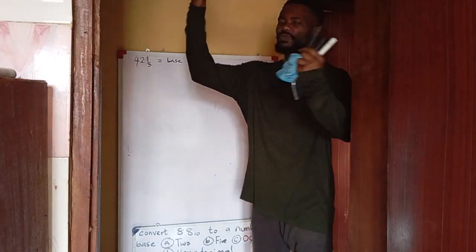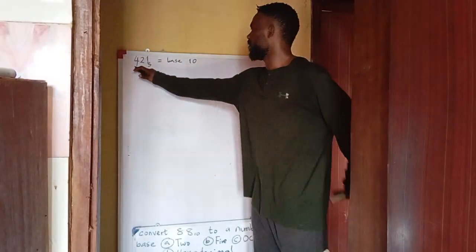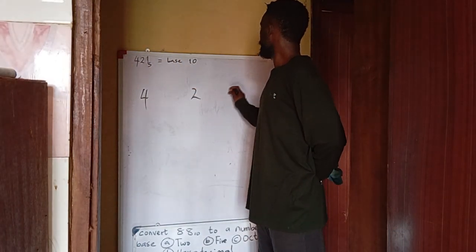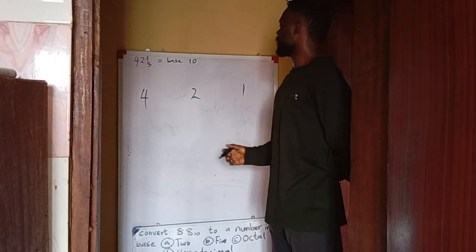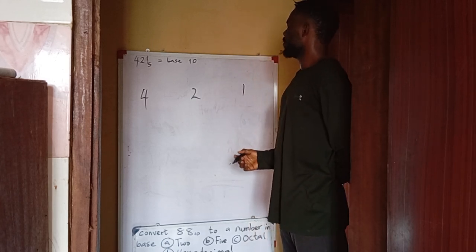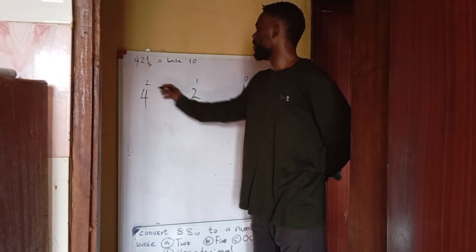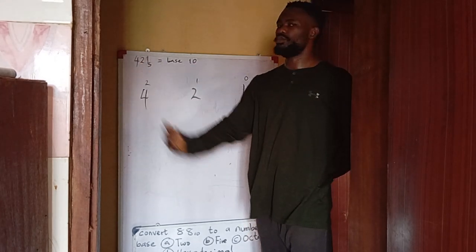Anytime you're moving from any base to base 10, for example this one, I bring out 4, my 2, and my 1. Notice that it is in base 5. So I say raised to power 0, power 1, power 2; I start from the back and move.